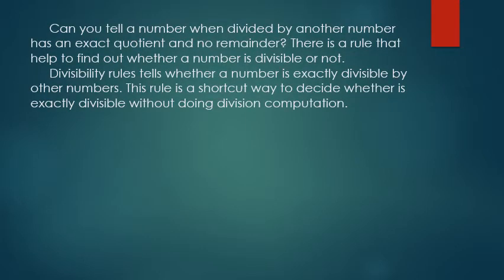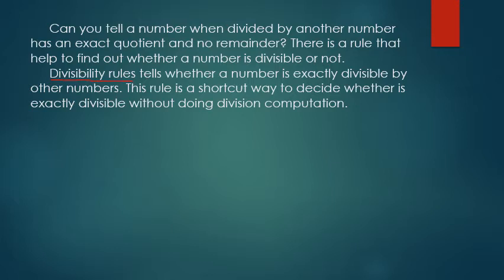So, ngayon, can you tell when divided by another number has an exact quotient and no remainder? Masasabi niyo po ba yan na ang number kapag dinivide natin sa isang number pa ay walang remainder? So, meron po tayong rule para malaman kung ang number ay divisible or not. Ang tawag po dito ay divisibility rules.